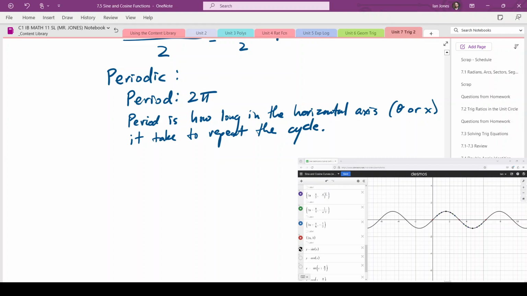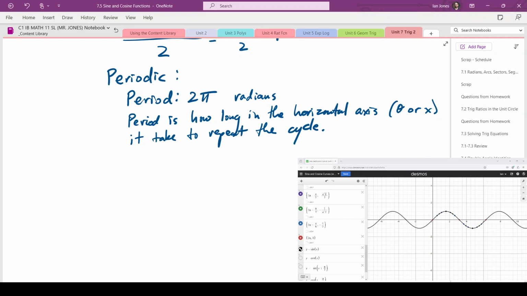So because it takes 2 pi in the x direction to repeat, the period is 2 pi radians. Maybe I'll put radians. In degrees, it would be 360 degrees.